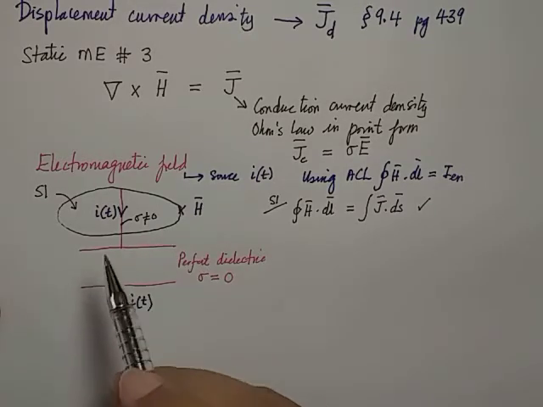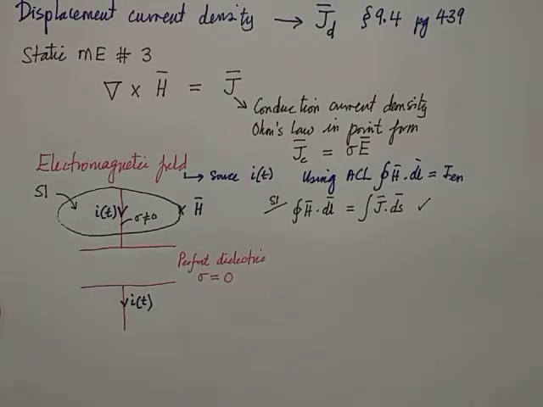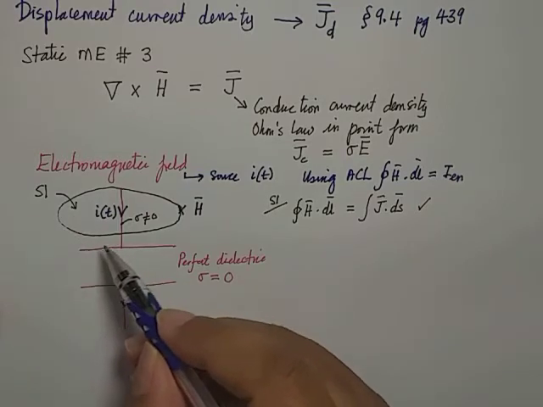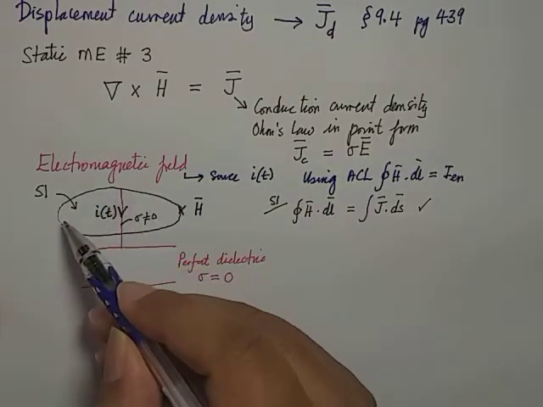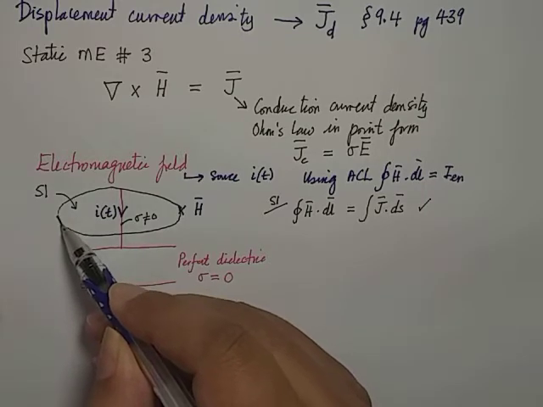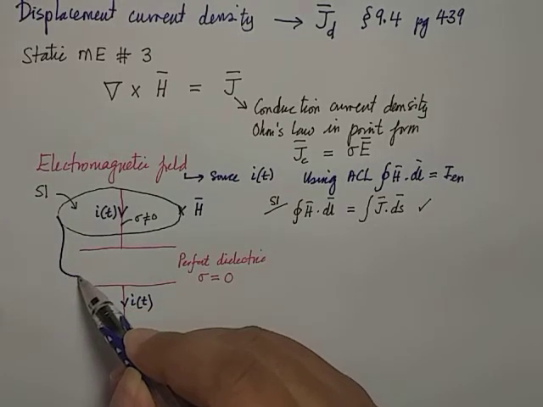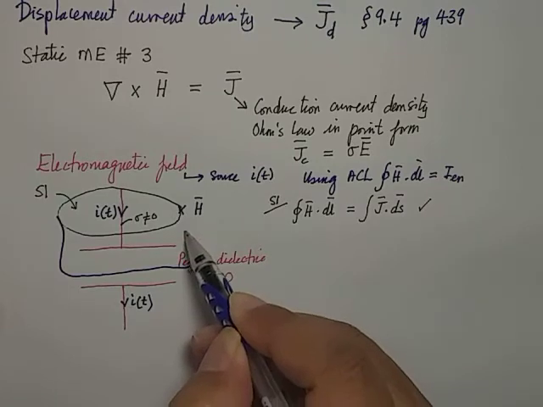Okay, so what Maxwell did later on is quite interesting. He changed the area of S1 to be slightly different. What I mean by that, let's say the loop still remains the same, the black line, but now we're going to state the surface is going to have this behavior.